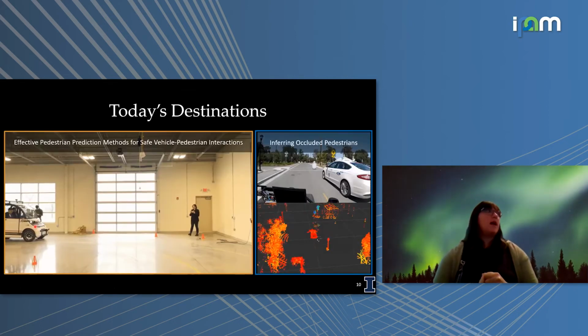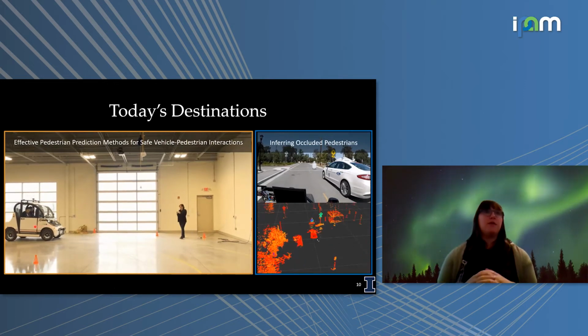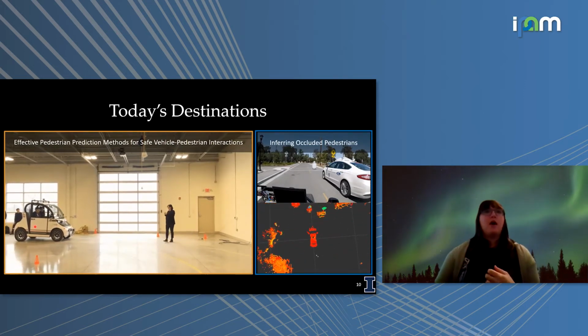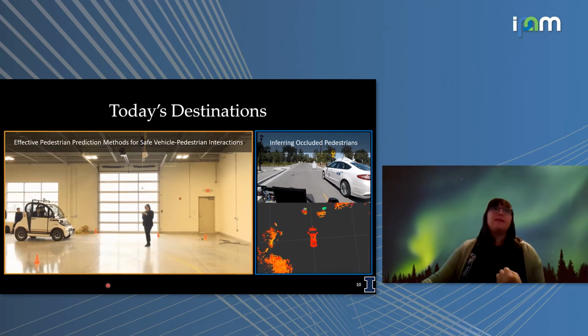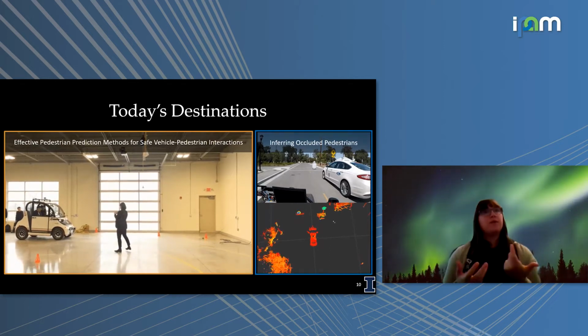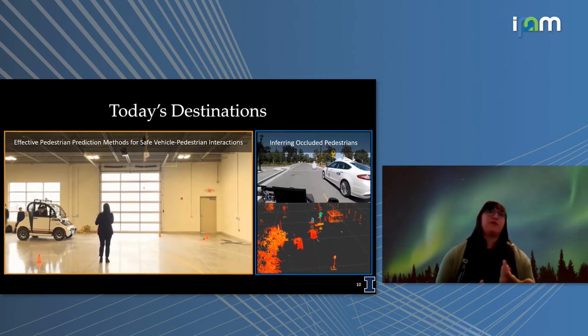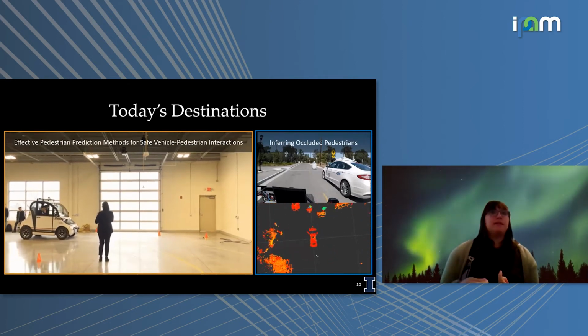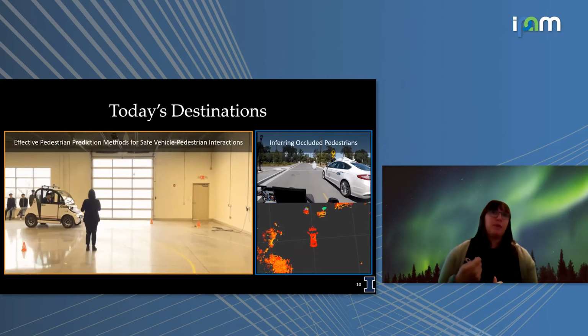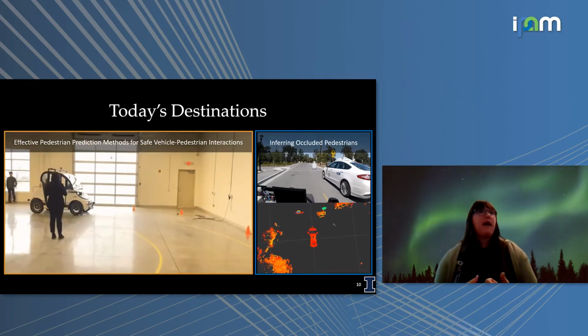So today, we're going to talk about two different components. We'll likely only get to this first point. We'll talk about some work we've been doing trying to develop predictive models for pedestrian behavior, so we can design safe vehicle pedestrian interactions.